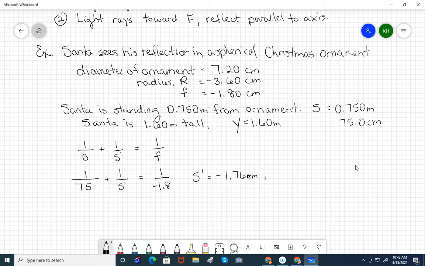That means that the image is 1.76 centimeters behind the surface of the ornament.